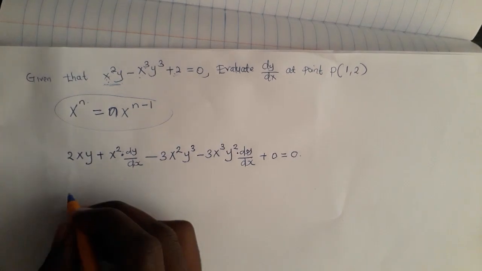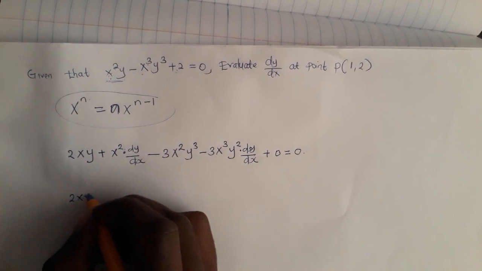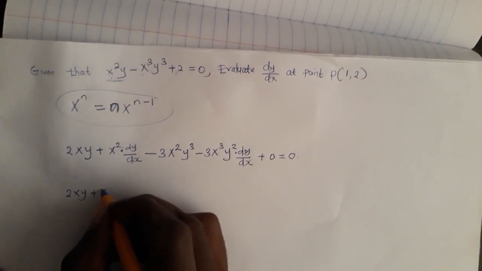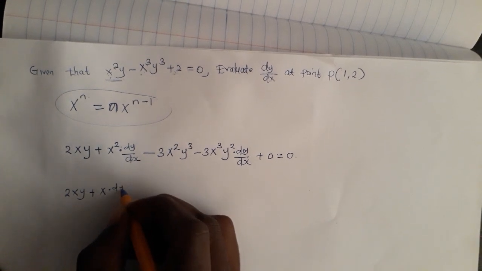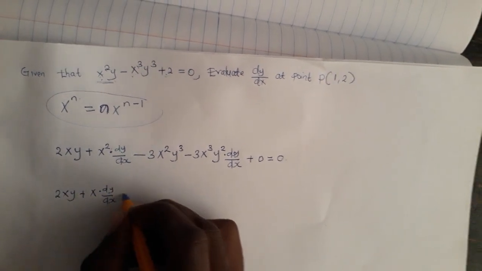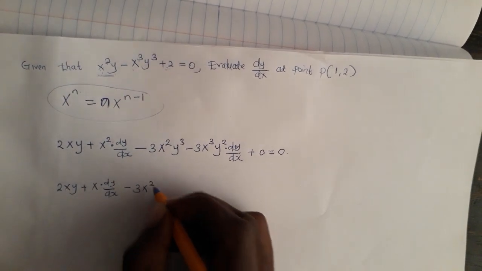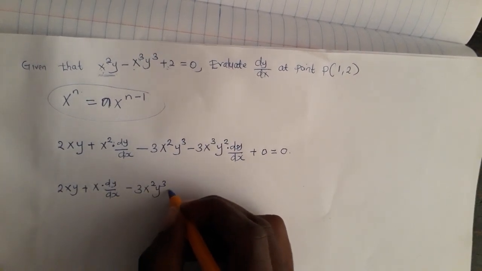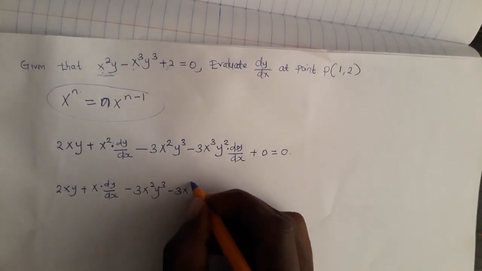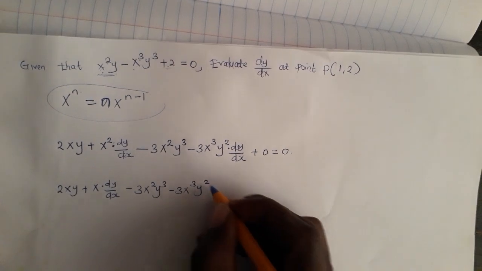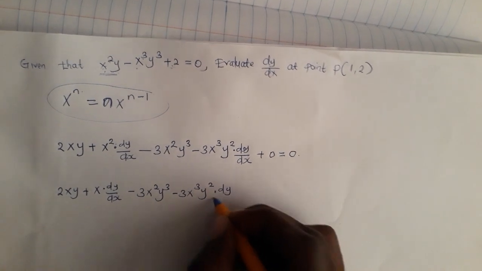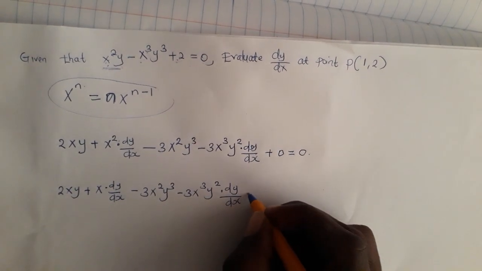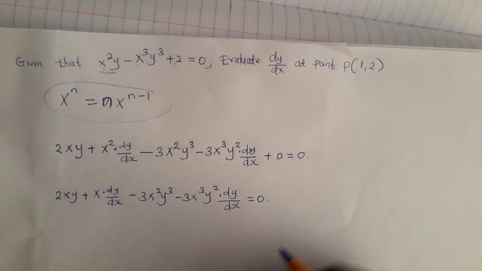So now this can be written as 2xy plus x dy over dx minus 3x squared y power 3 minus 3x power 3 y squared dy over dx is equal to 0.